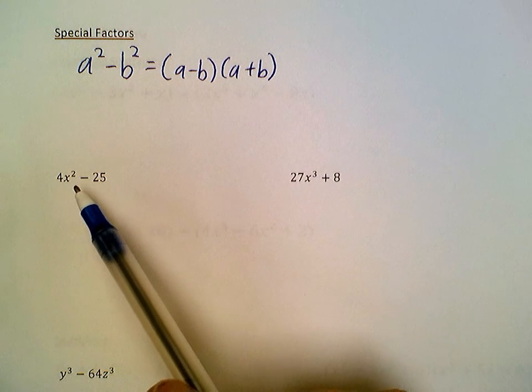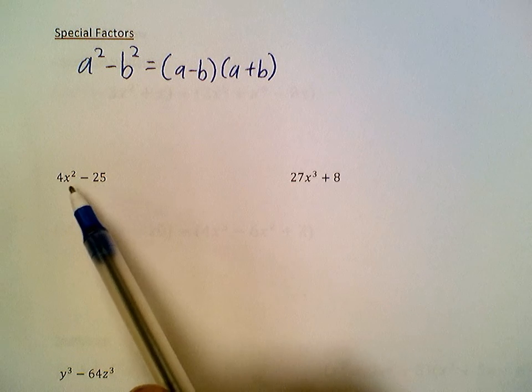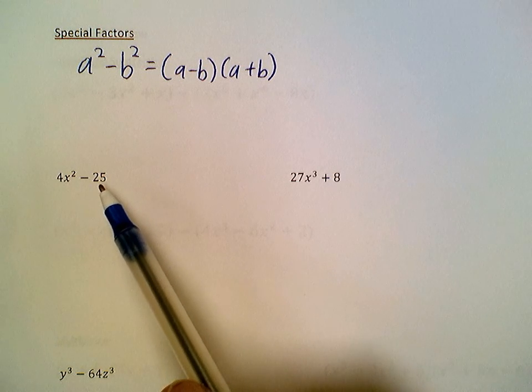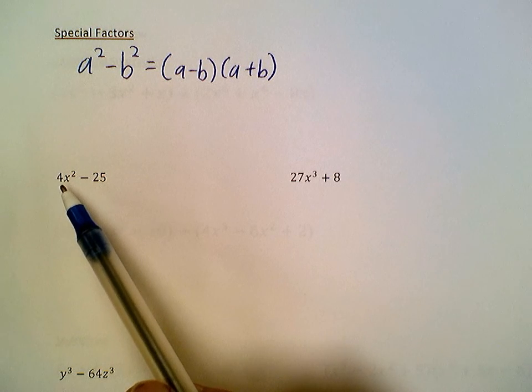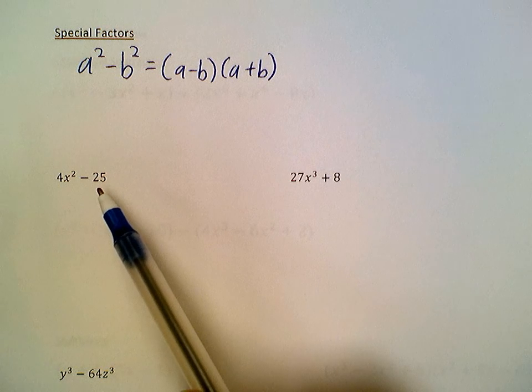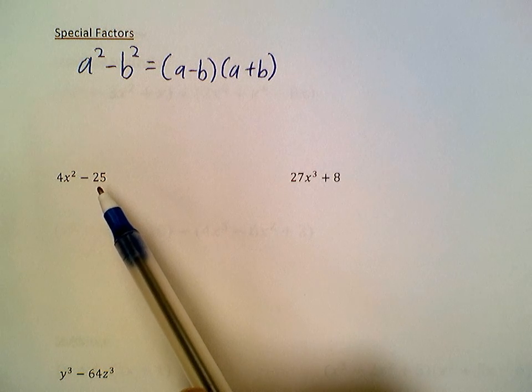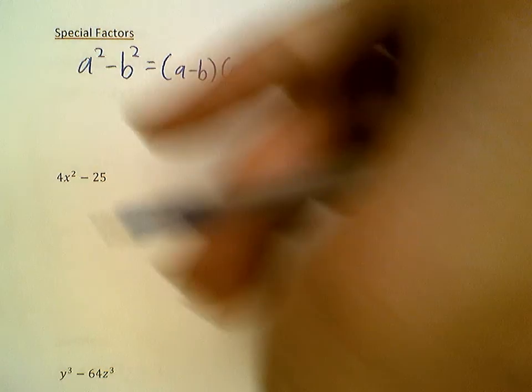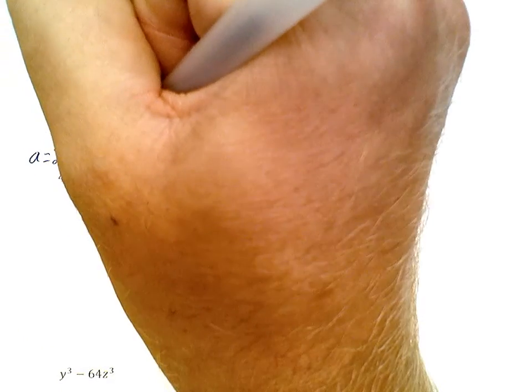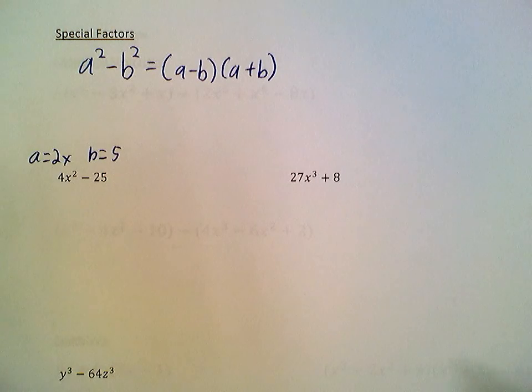So like in this first example here, I've got 4x squared minus 25. Both of these are perfect squares because 2 squared is 4 and 5 squared is 25. So in this case, your a would be 2x and your b would be 5.